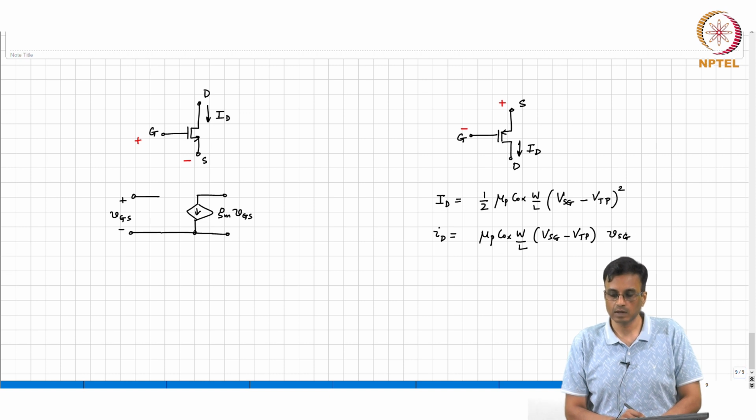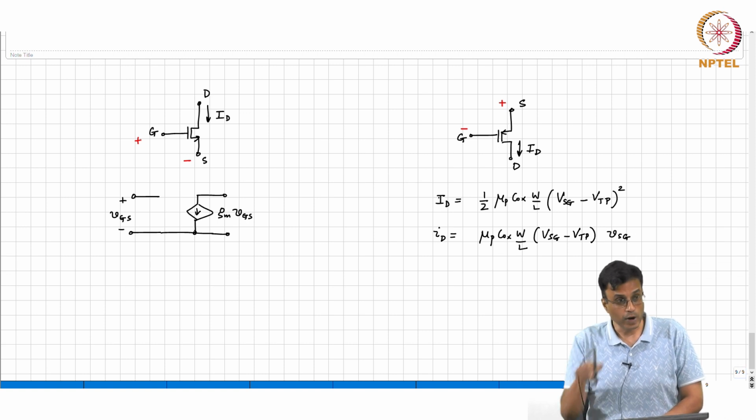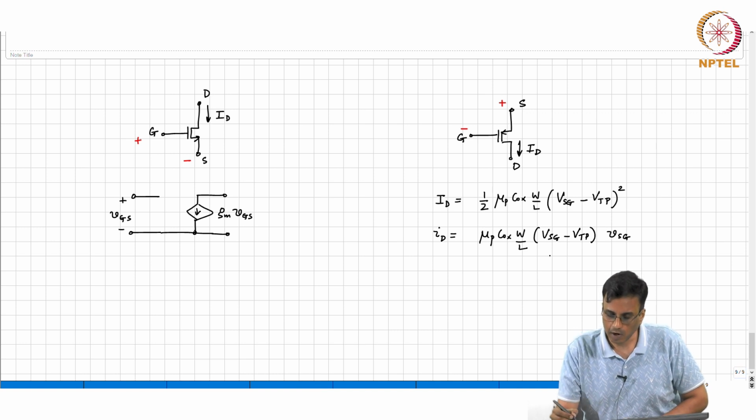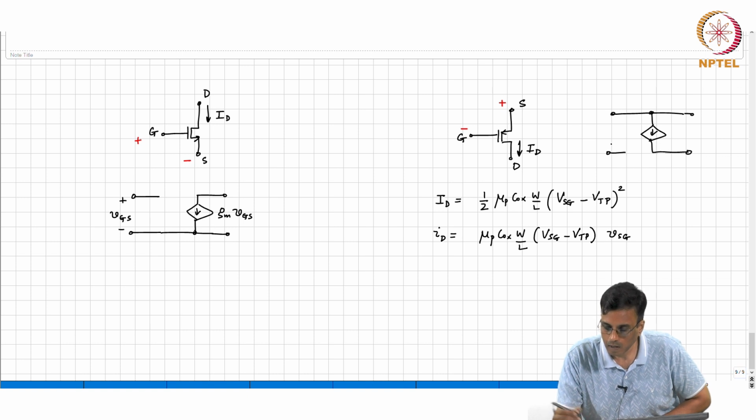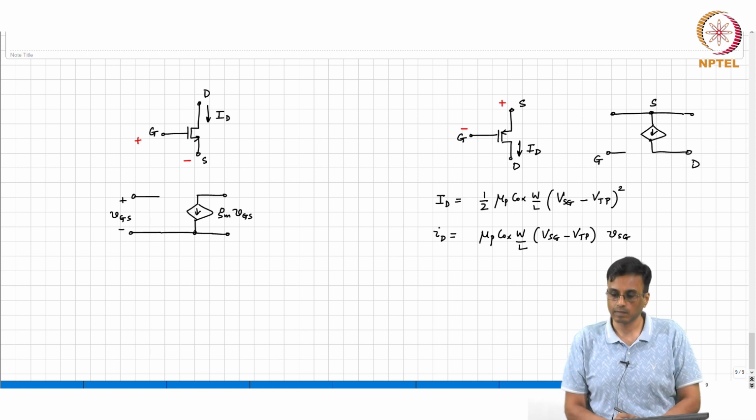Okay. And this current ID is going out of the drain, right. So, the small signal model, if you want to do it this way, will basically look like this. So, this is the source, this is the gate, this is the drain, correct.